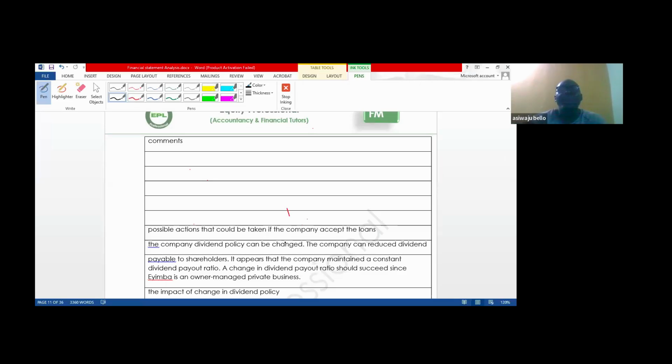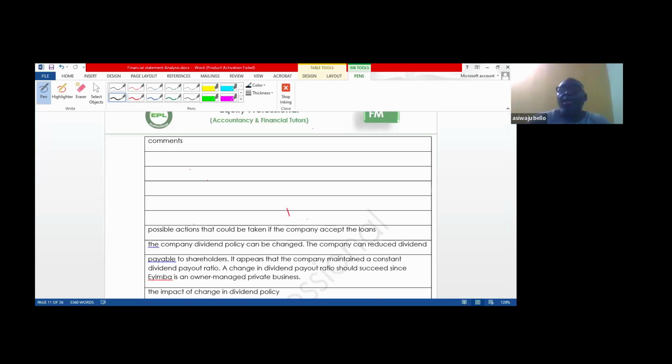A change in dividend payout ratio should succeed, since Enyimba is an owner-managed private business. The owner is managing his private business, and you are paying yourself 50% of your profit as dividend. Now that you have obtained a loan, you can easily change the policy.